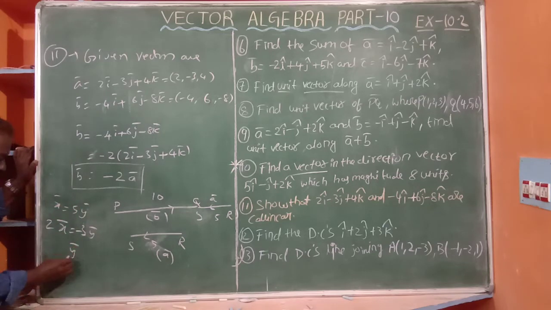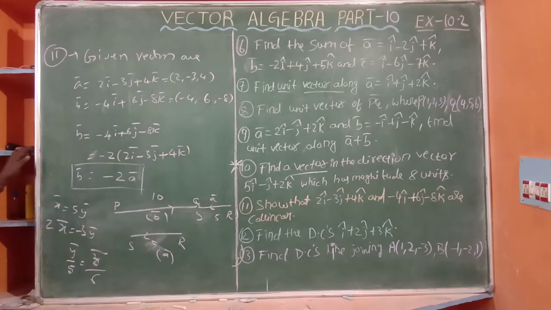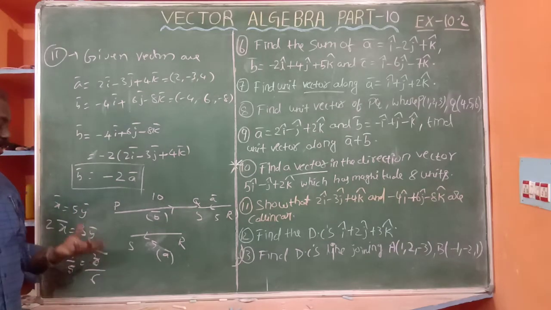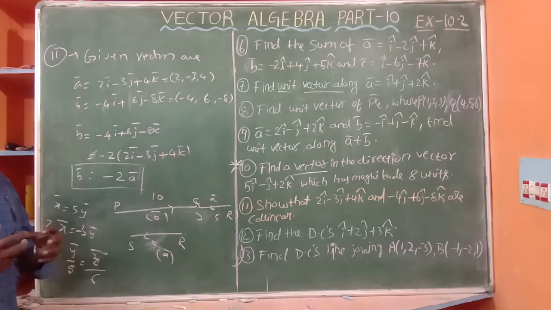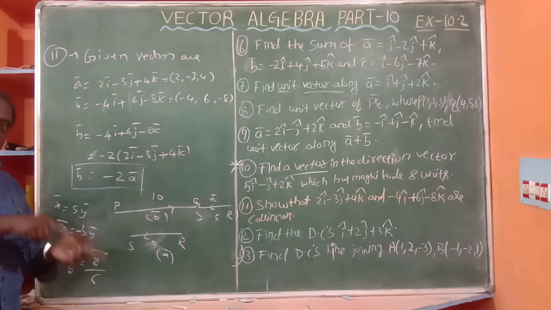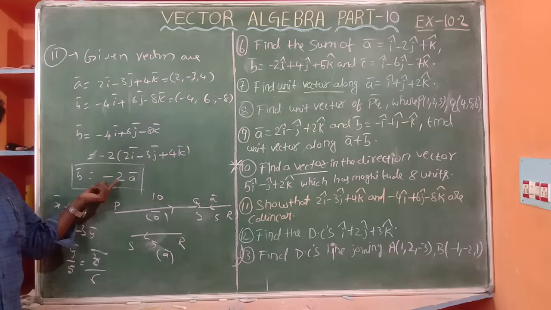And y bar by 2 is equal to z bar by 5, that is 5y bar equals 2z bar; here also they are collinear vectors. If any two vectors are parallel or collinear, then we may write one vector as a scalar multiple of the other, positive or negative, no bother.